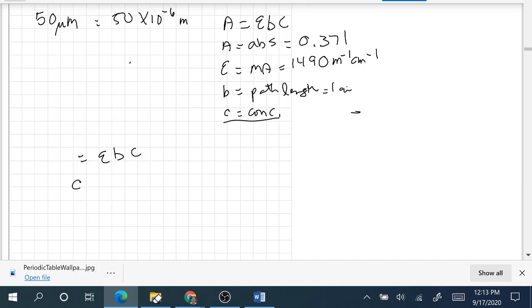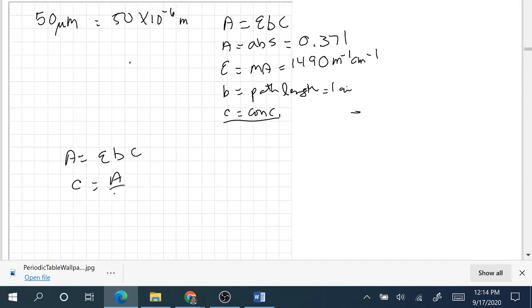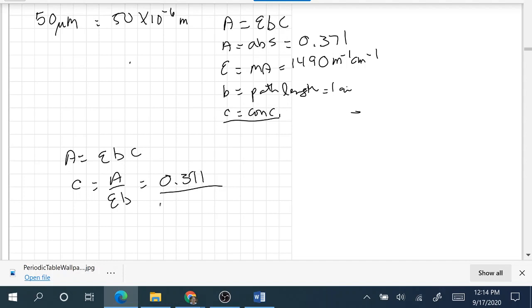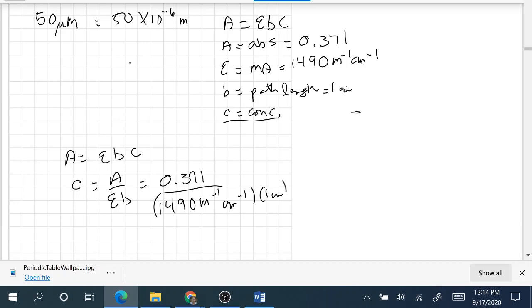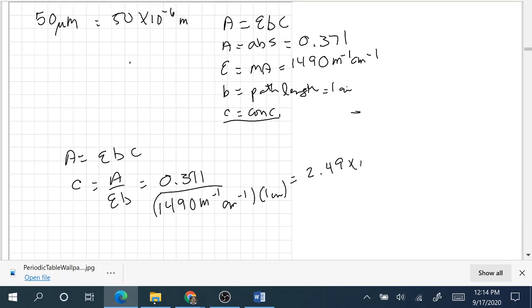A is equal to epsilon B C, so C is equal to A over epsilon B, which is equal to 0.371, which is our absorbance, over the absorptivity, times B, which is the path length, which is just 1 centimeter. And that's going to give us 2.49 times 10 to the -4 molar.